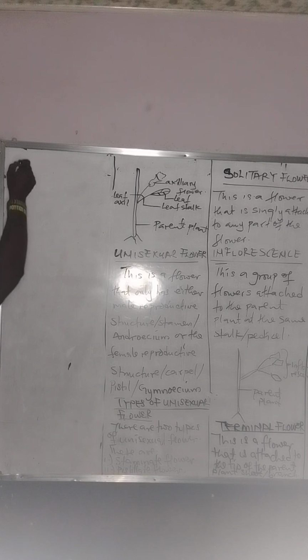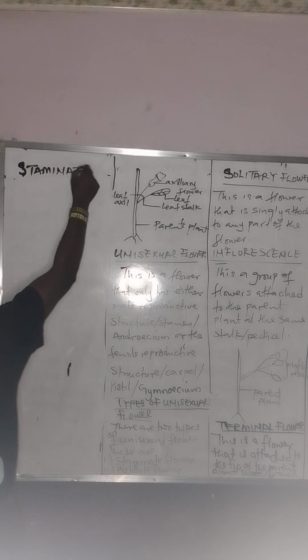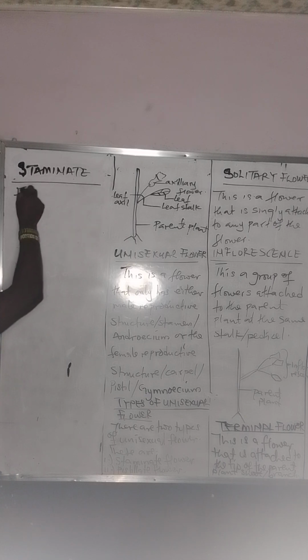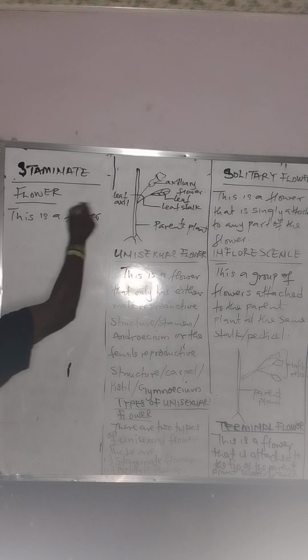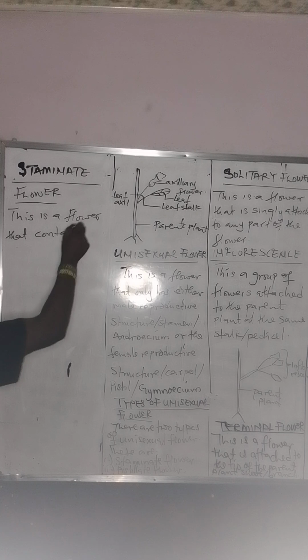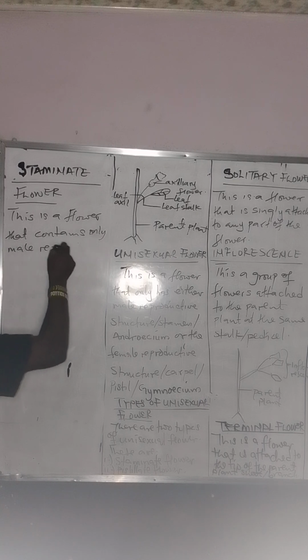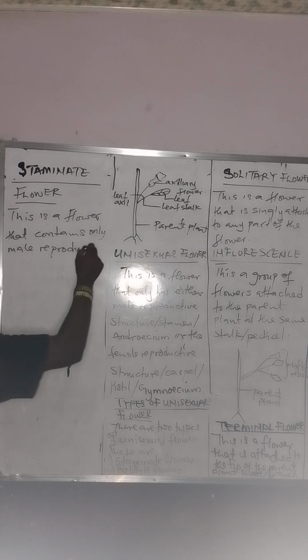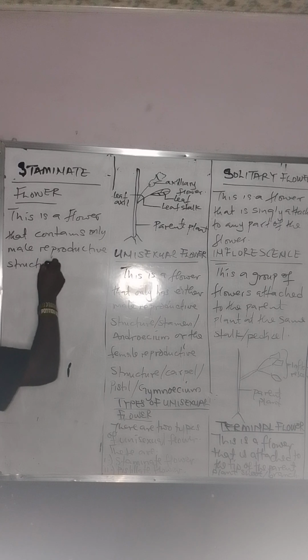Now, the staminate flower is a flower that contains only the male reproductive organ, reproductive structure. It doesn't have the female inside.